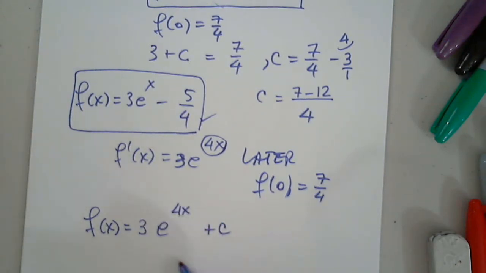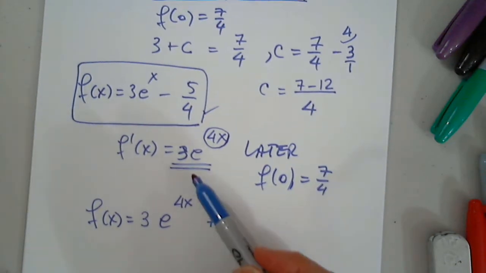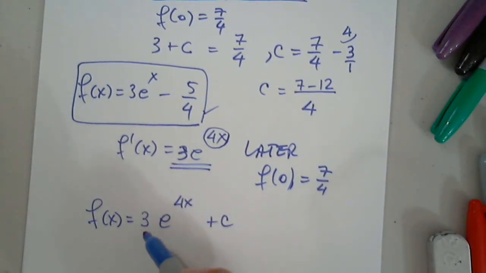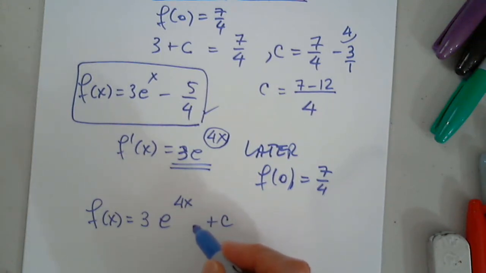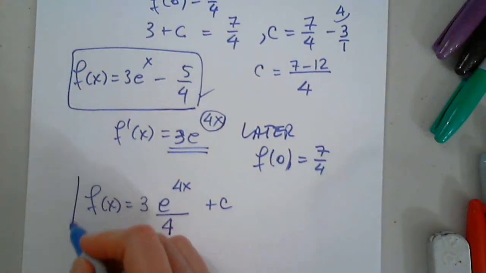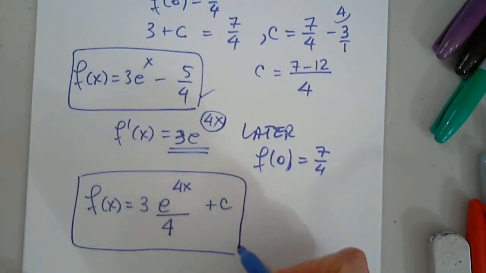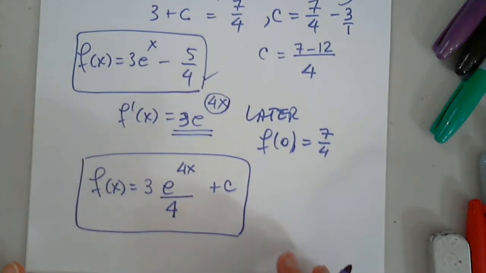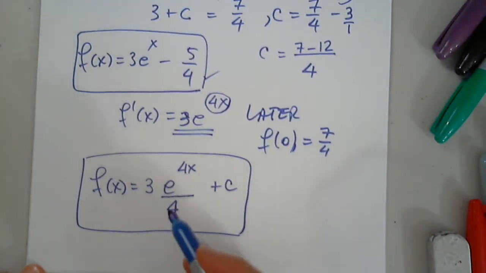Well, when I differentiate this function, I have to get this, and I will not get that. So this is 3, right? E to 4x times 4. So then, therefore, I have to divide by 4. Now this is correct. One more time, let's differentiate to make sure that this is clear to you.